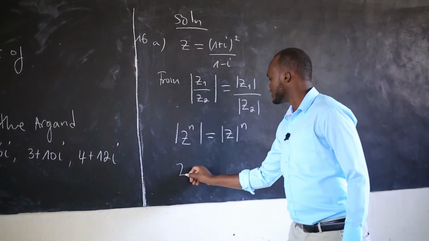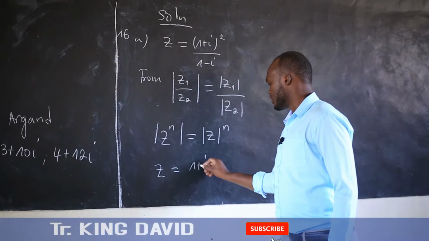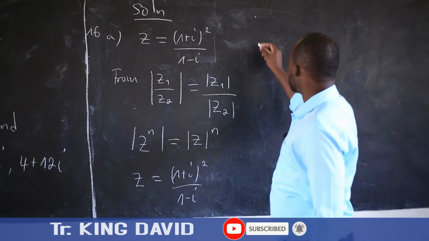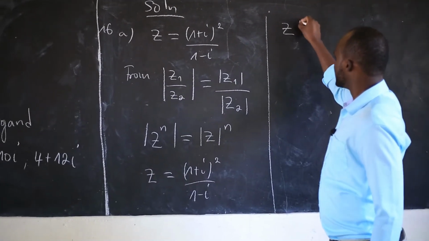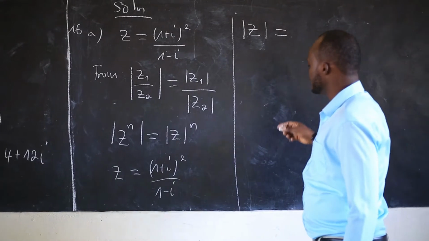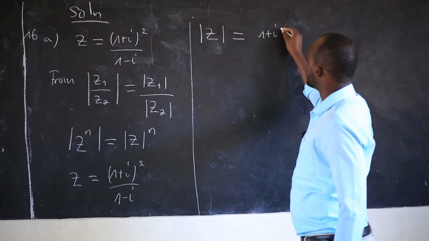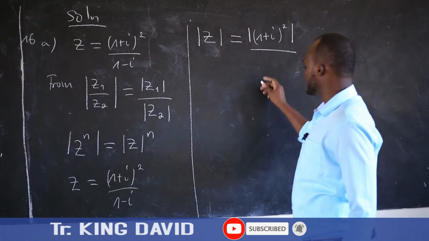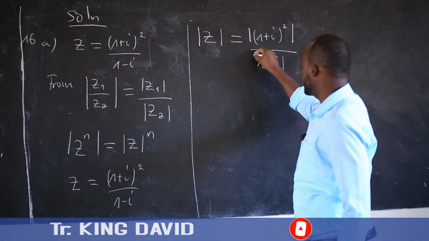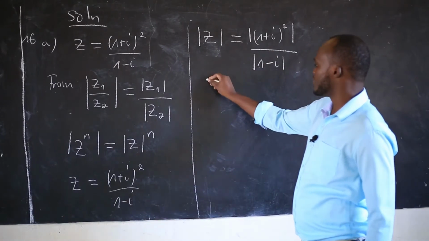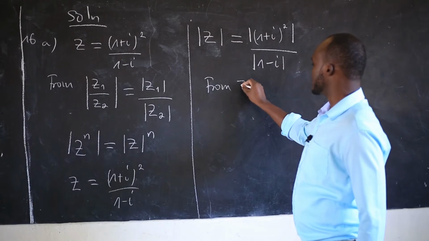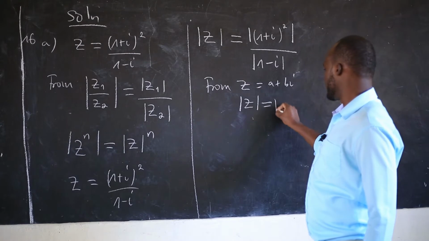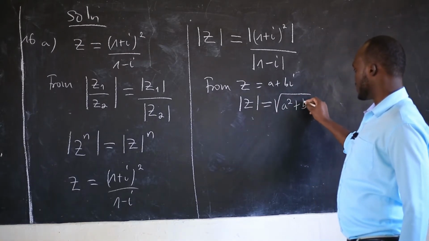So now our z is (1 plus i) squared over (1 minus i). So what does it mean? The modulus of z is the modulus of (1 plus i) squared divided by the modulus of (1 minus i). And you know that when z equals a plus bi, the modulus of z is the square root of a squared plus b squared.